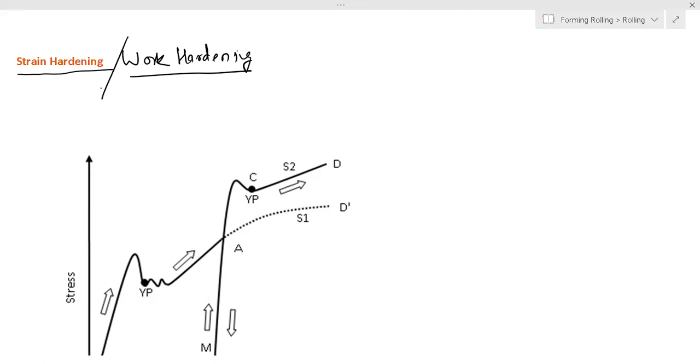It is also a phenomenon of increasing hardness of a material when the material is deformed plastically.